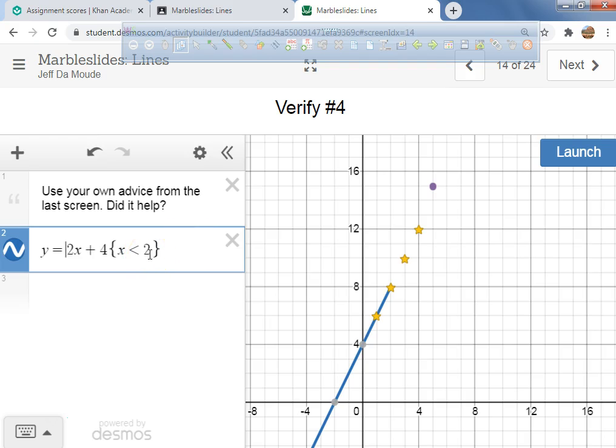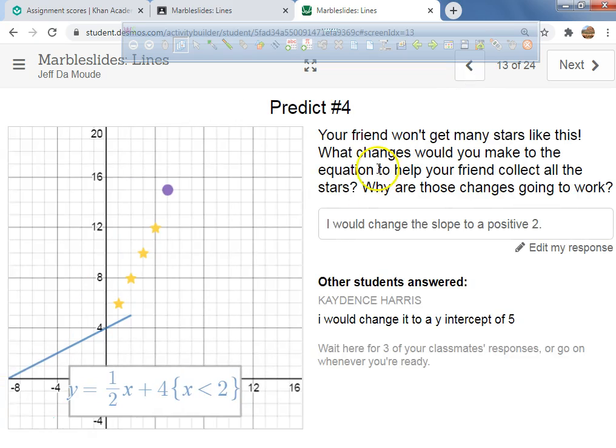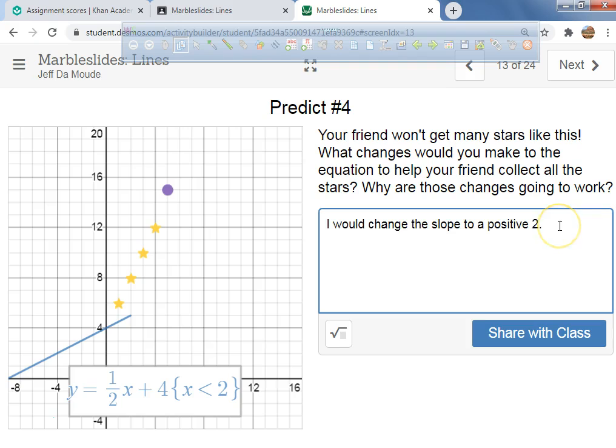Oh, guess what I forgot to do? And I would need to get my domain to, I can't see, 1, 2, 3. Oh, yeah. Edit my response. And I would extend the domain to x is, where's the less than symbol here? x is less than 4.